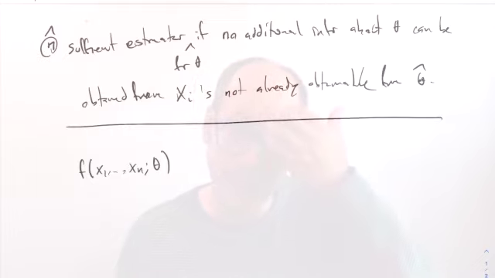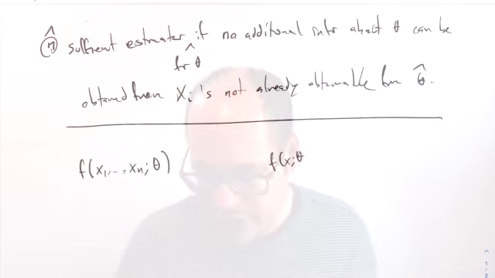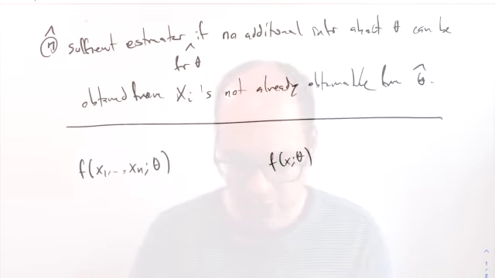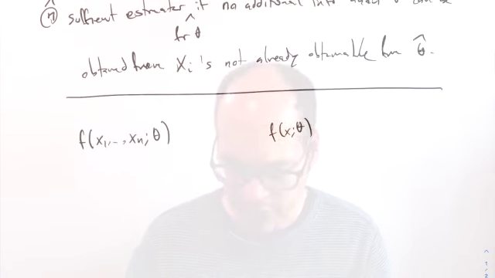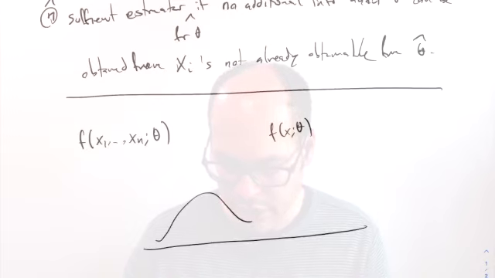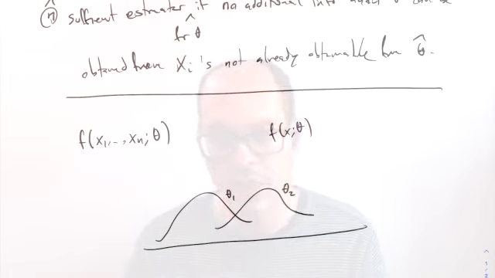Of course this is built from some f of x, theta, a bunch of IID variables x1 through xn, all of type f of x. So let's imagine what this distribution looks like. Maybe it's a little bump for some particular value of theta, let's say theta 1, but for some value theta 2, the distribution is shifted over to the right.